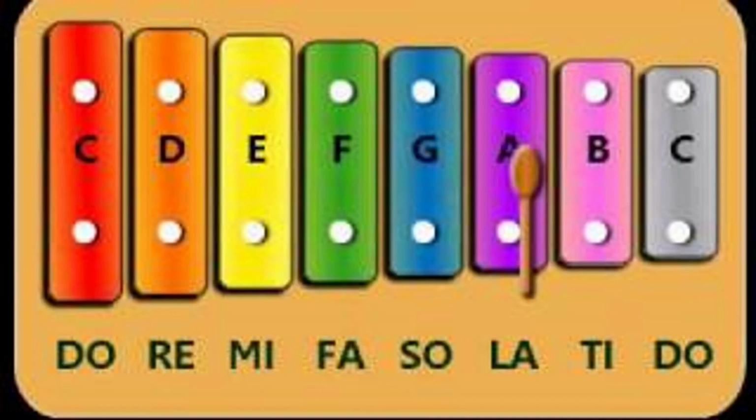Do, re, mi, fa, so, la, ti, do. It starts with do and ends with another do. But listen closely. They don't sound the same. The first do is a low pitch, and the last do is higher.